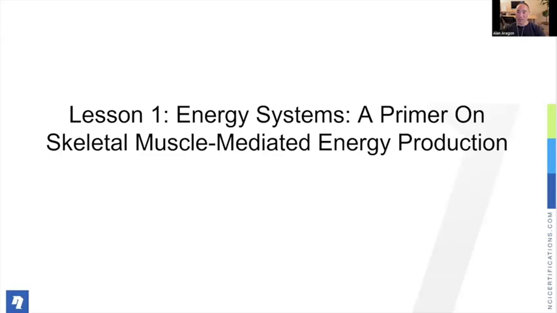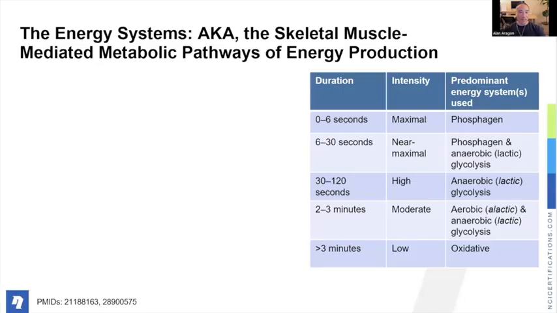We'll look at energy systems, also called exercise bioenergetics. If you look at the table on the right, we've got a continuum of energy pathways here. As we go from the short duration maximal intensity, which the phosphagen system would predominate, it then goes down from there in terms of both ATP yield and the intensity that is applied to elicit the energy pathway.